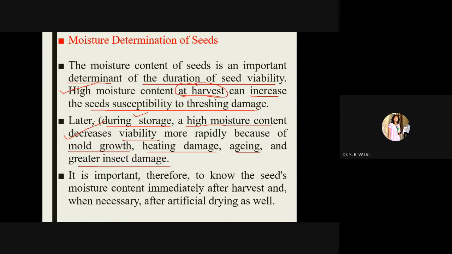So during storage also, high moisture content will damage the seeds because of molds, heat, aging and the formation of large insect populations. So it is important to know the seed moisture content immediately after harvest and, when necessary, after artificial drying as well.